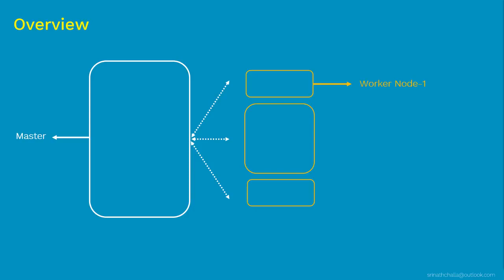Now moving on to pods. I guess this is one of the most used terms in Kubernetes. So what is a pod? This is basically a scheduling unit in Kubernetes. To help you better understand, you can think of a pod as a VM in the virtualization world. In the Kubernetes world, we have a pod. Each pod consists of one or more containers.